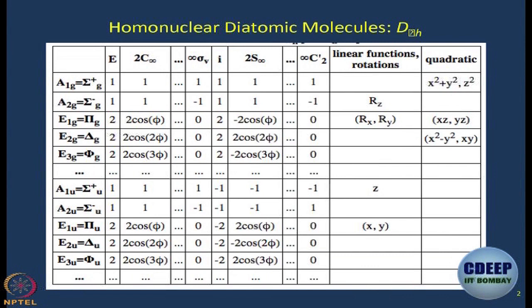So, it is important to remember that pi G and delta G, or pi U and delta U for that matter, are actually two dimensional representations. Instead of E3G you write phi G, and then for all these you have the corresponding Ungerade representations as well. Have we understood, at least roughly, how this character table is written and how the Mulliken nomenclature is performed?